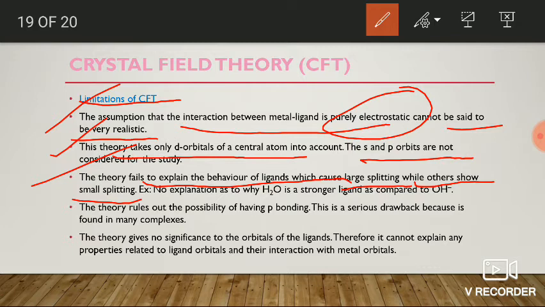If you observe one example, there is no explanation according to CFT why H2O is a stronger ligand than hydroxide. Hydroxide is a strong nucleophile or strong base when compared to the neutral water molecule in general. But according to ligand capacity, hydroxide is weaker field than the neutral water molecule, which is shown in the spectrochemical series also.